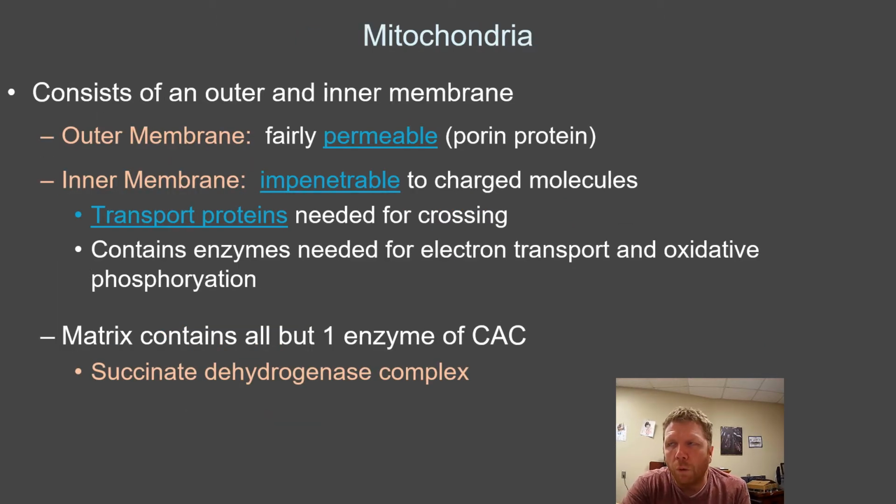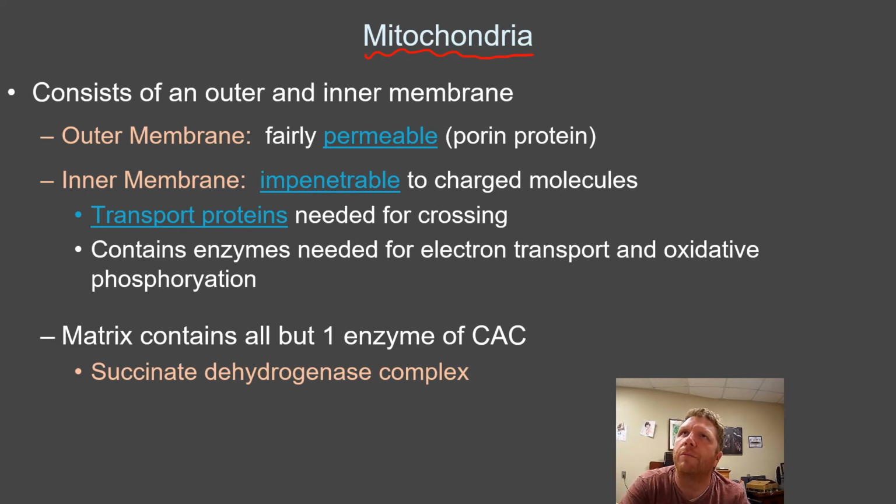Now, what we really need to focus on for all of this is that little membrane-bound organelle, the mitochondria. This consists of an outer and an inner membrane. The outer membrane is fairly permeable.